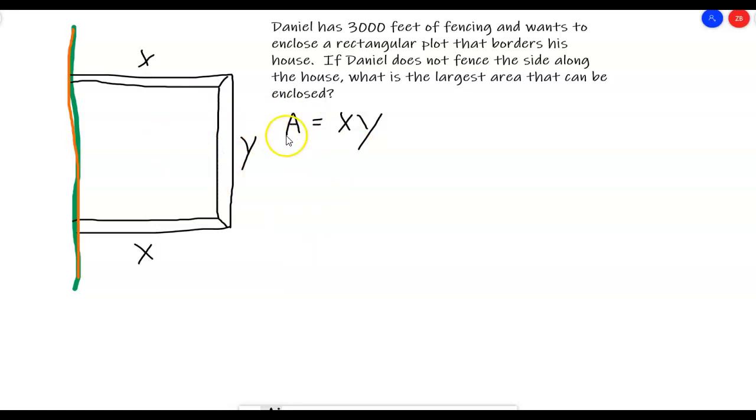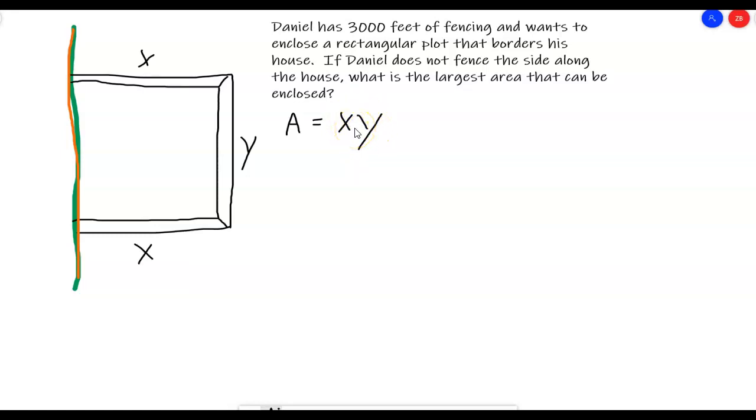Now, if I'm going to make a quadratic in terms of one of these variables and use area as my dependent variable so we can maximize it, then I want to replace one of these two variables so it's all the same.